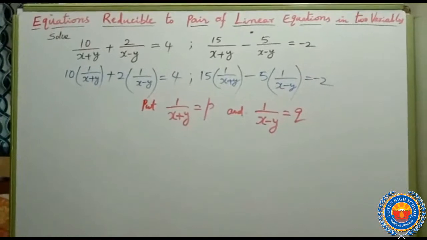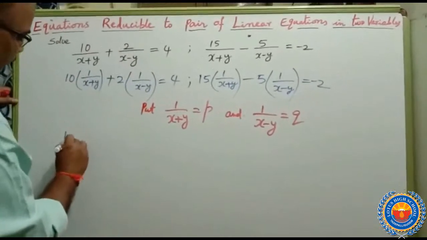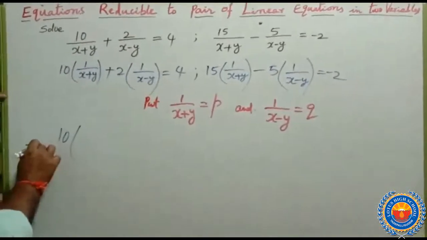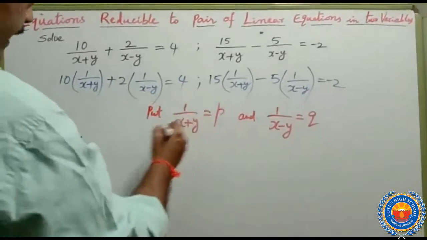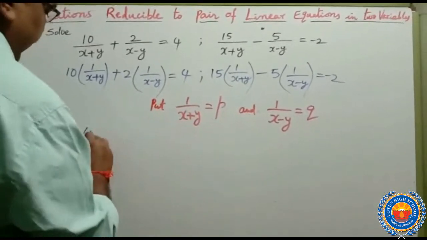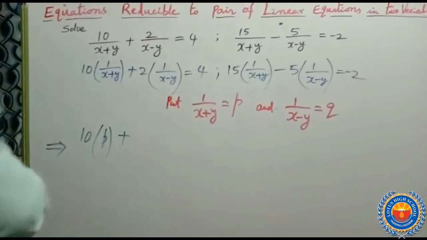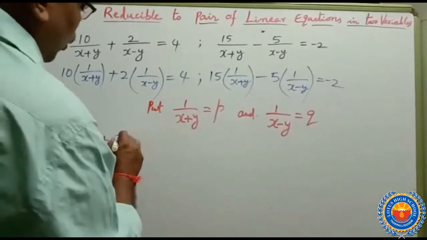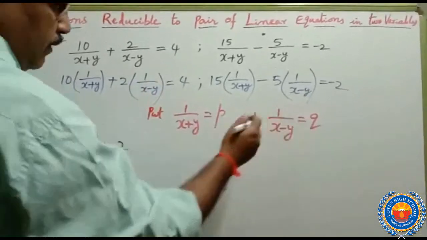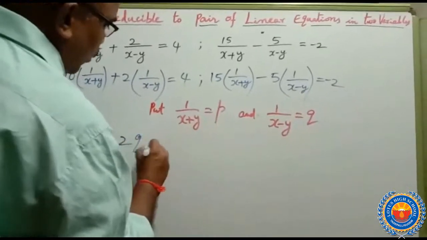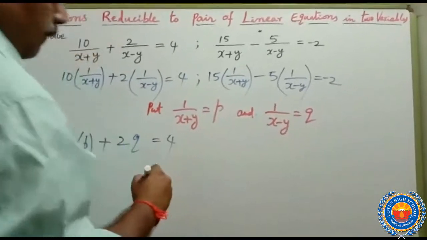Therefore 10 of 1 by x plus y is nothing but p, 10p plus 2 into 1 by x minus y is nothing but q, that's why 2q is equal to 4.